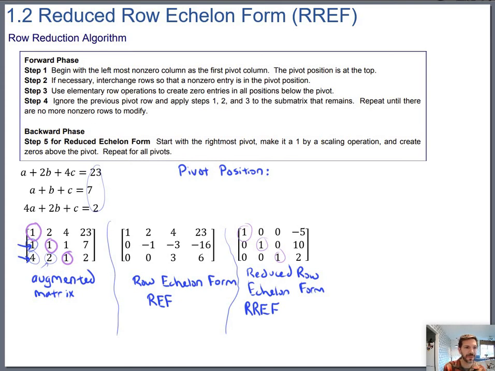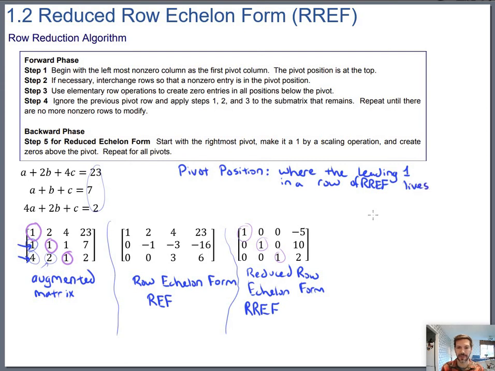So yeah, those pivot positions are simply where the leading one in a row of the RREF form lives.